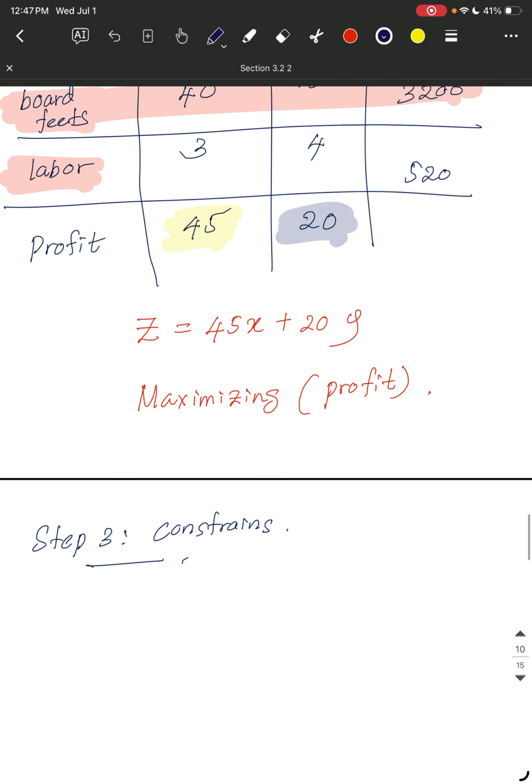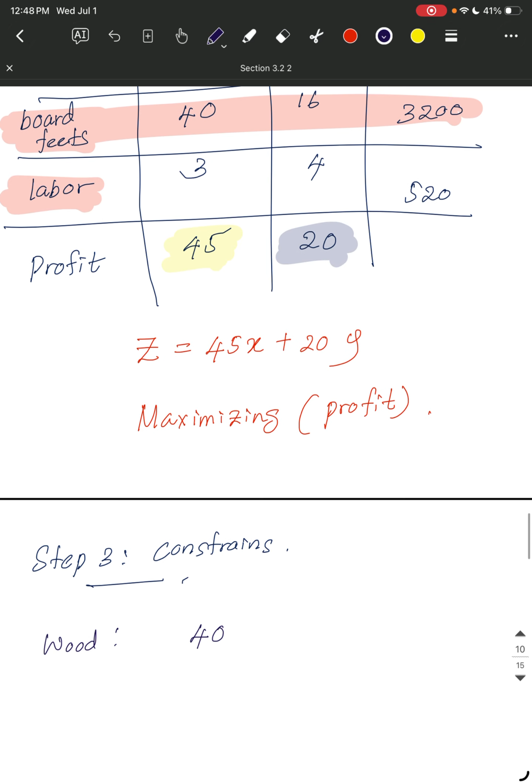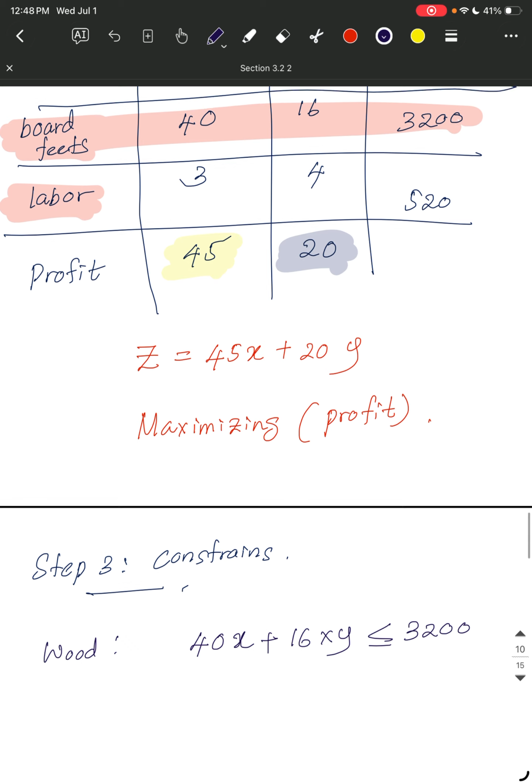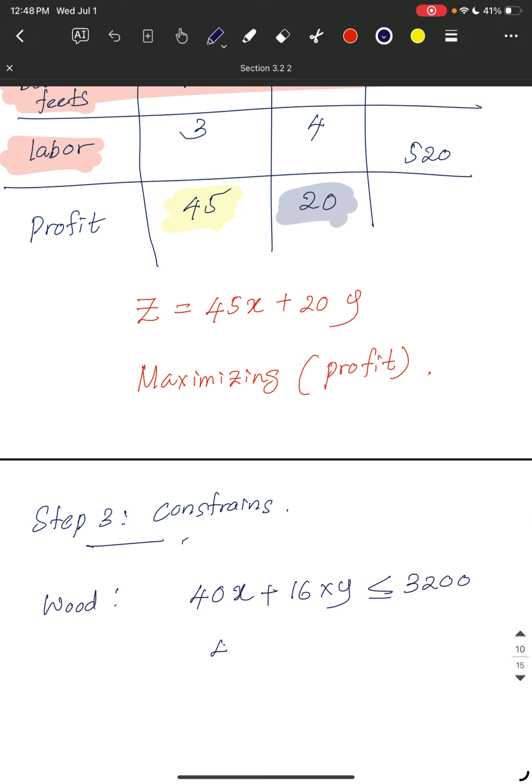Therefore, for the wood, we can write the total number of board feet to produce X tables plus total number of board feet to produce Y chairs definitely less than or equal to 3200 because the available board feet are 3200. The first constraint: 40x plus 16y less than or equal to 3200.